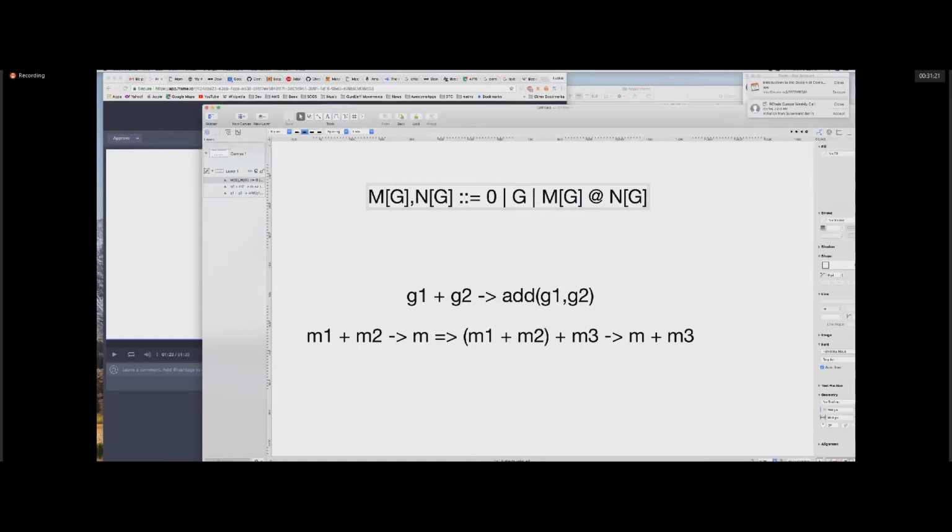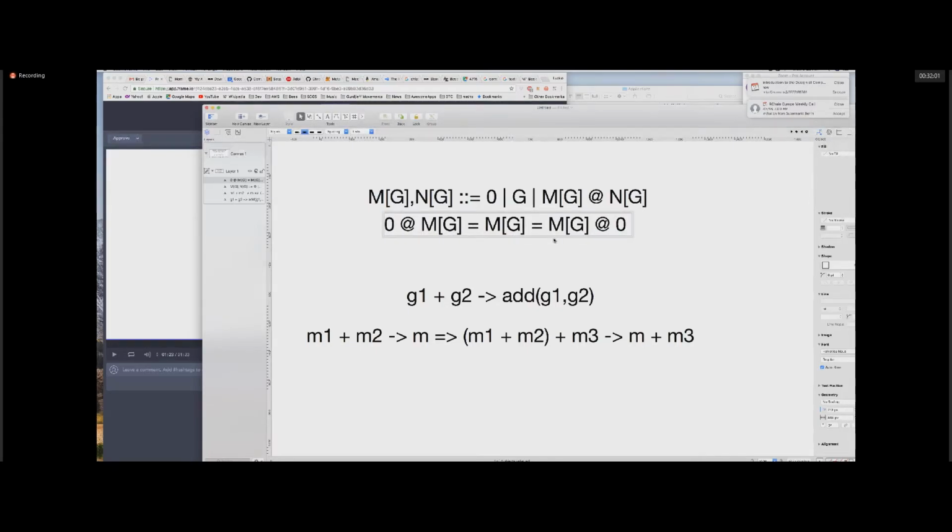Okay, so there's our abstract operator, of which plus is an instance and string concatenation is another instance, right? And then we have a pair of equations, which is that 0 at mg is equal to mg, which is equal to mg at 0.